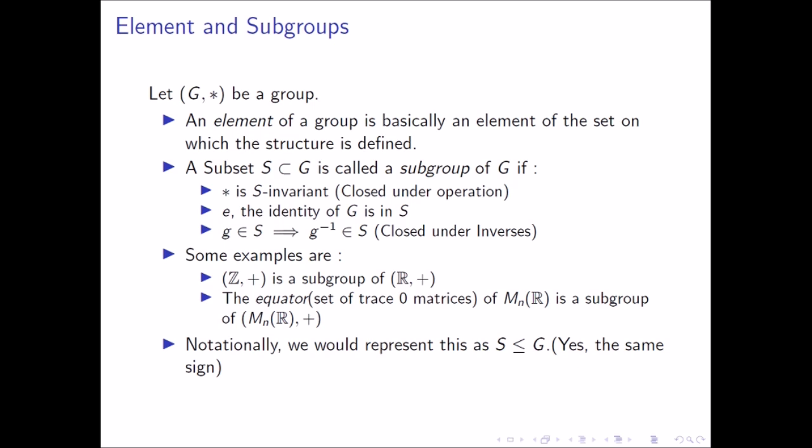So we have, if A less than or equal to B and B less than or equal to C as subgroups, then A less than or equal to C. Over here we have Z less than or equal to Q, Q less than or equal to R. Just those two facts would imply Z less than or equal to R. That justifies the nomenclature or notation which we have used over here.